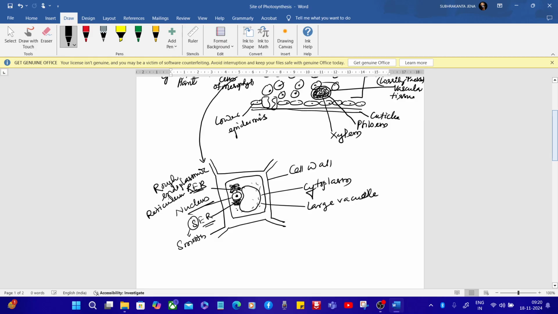Okay, and there will be other structures, like free ribosomes are also available. There will be chloroplast, also there. There will be mitochondria.